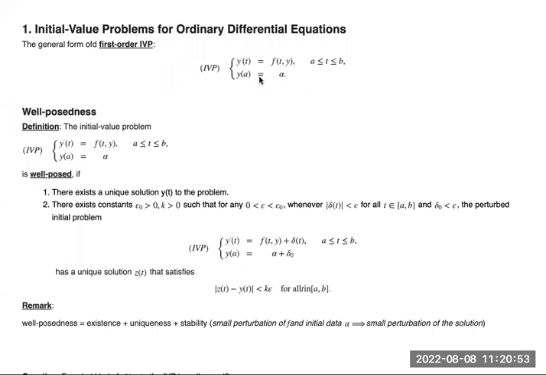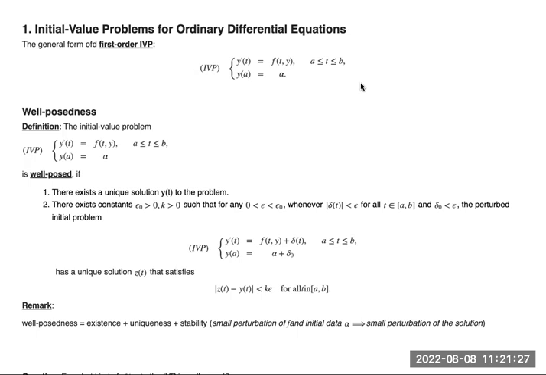For the problem, you want to specify the initial value for this y, and then you want to solve for the value of y later on, up to some final time. That's the initial value problem for an ODE, an ordinary differential equation. And we're not free to make up everything here, because if you write it freely, you probably will have a problem that's not well posed, which means you don't have a good solution.